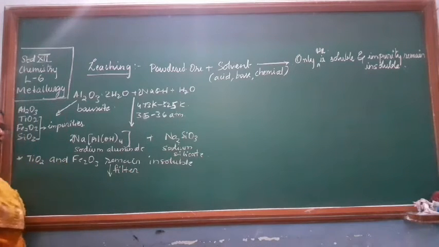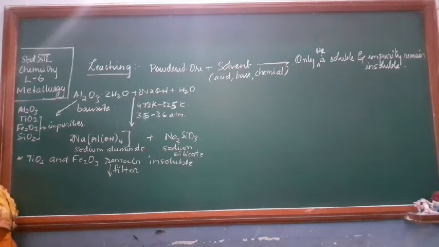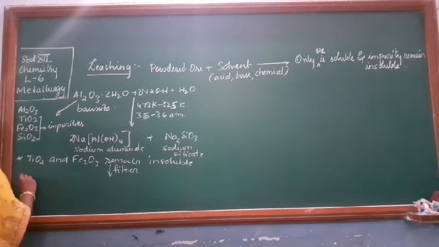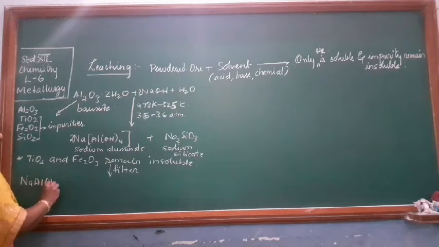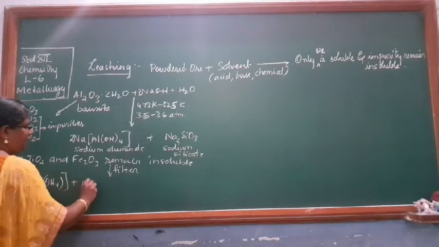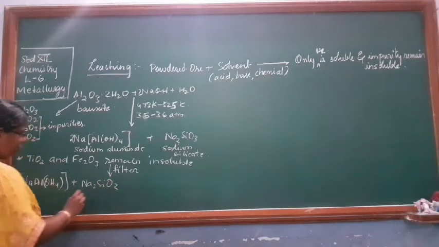So these impurities, Fe2O3 and TiO2, get removed. So now you have your solution which has Na[Al(OH)4] plus Na2SiO3. This is in the solution form.